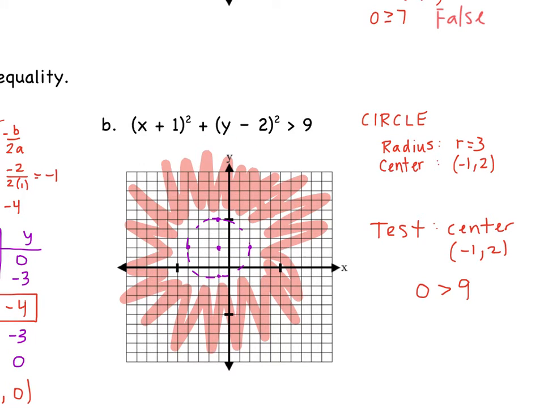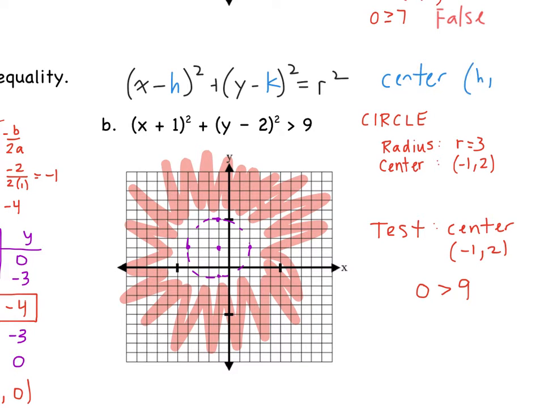Remember, the standard form of a circle is (x - h)² + (y - k)² = r², and h, k is our center. Our radius is strictly r.